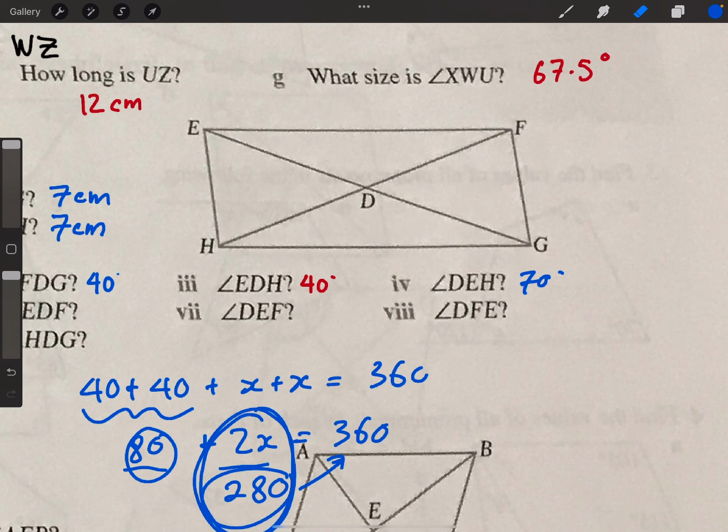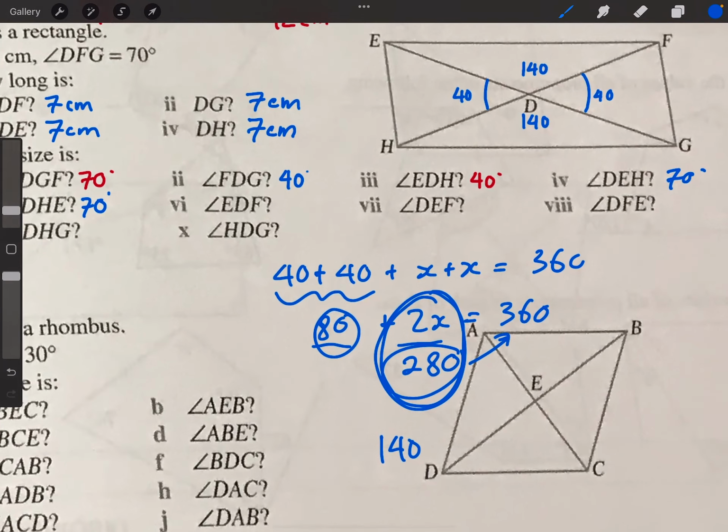We know this is 40. And this must be 140, and this must be 140, because 280 divided by 2 is 140. These add up to 280, and 280 plus another 80 is 360. That makes perfect sense.